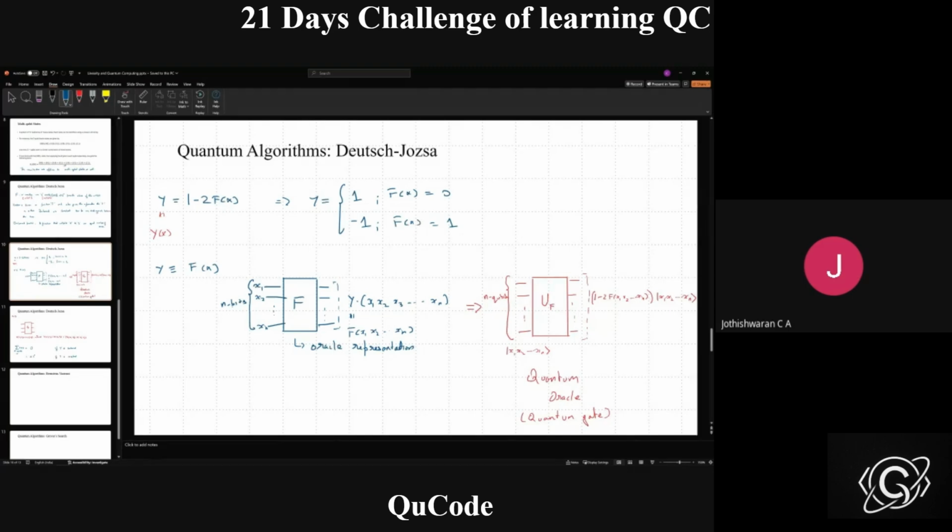Every time f of x is 1, y of x is -1. So there is a one-to-one correspondence. That is why it is equivalent. If I know the value of y, I know the value of f of x. If I know the value of f of x, I know the value of y. So this back and forth is perfectly invertible. Since this is an invertible map, I can use one in place of the other.